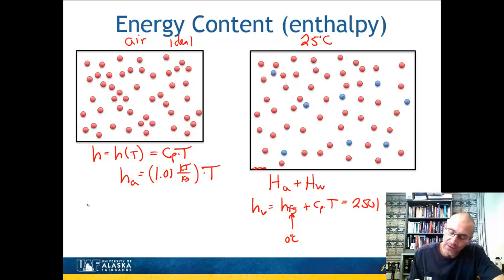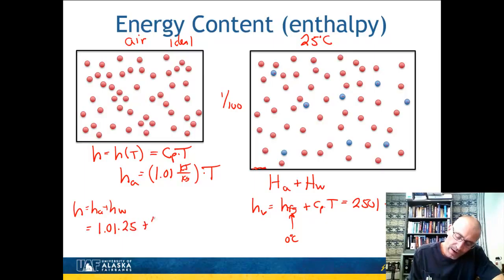And now I'm going to add these two together: the enthalpy of the air plus the enthalpy of the water. And so maybe let's say that I've got 1 in 100, so I have a 1% mixture of water vapor and air. I would then say the enthalpy of the air is, I'm going to use my basis point of 0 degrees Celsius so that I keep both of these the same, 1.01 times 25.